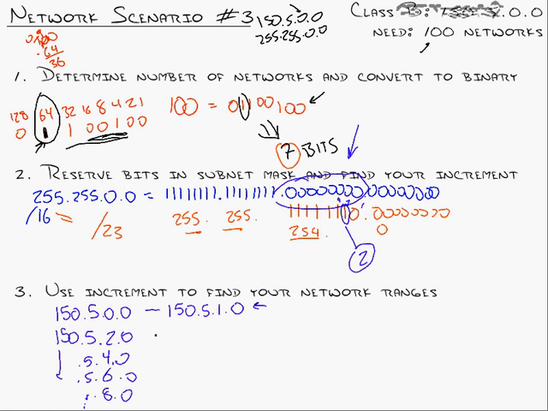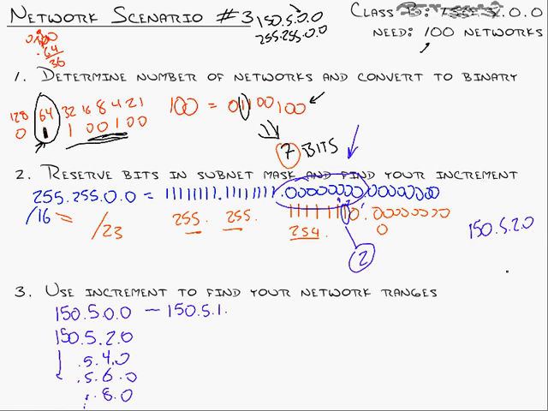So let me ask the question, what happens to the number 150.5.1.50 or 150.5.1.51 or 52, 53? What happens to all the 150.5.1 numbers? Well, if you go to 150.5.1.0 as your end, you lose all of them. You can't do that. Think of some weird twisted math problem.